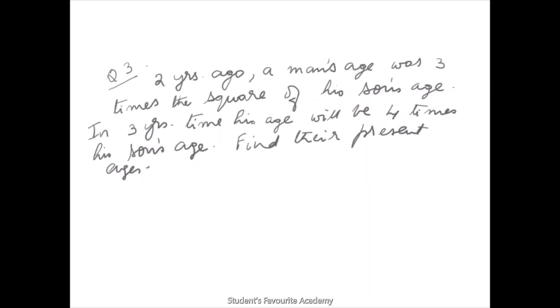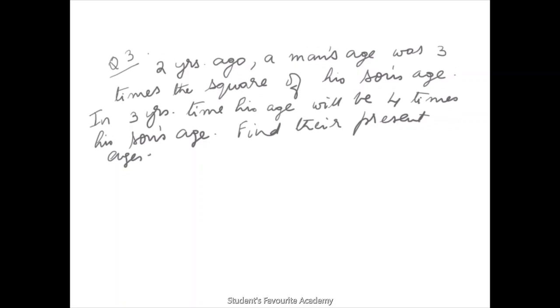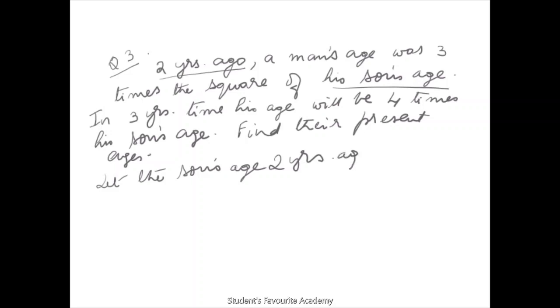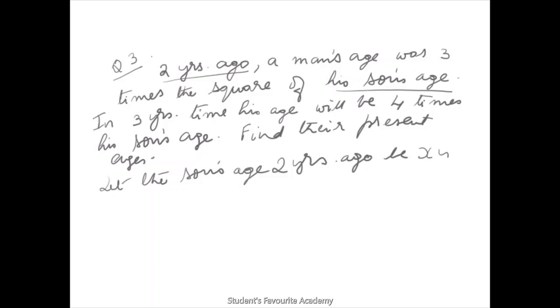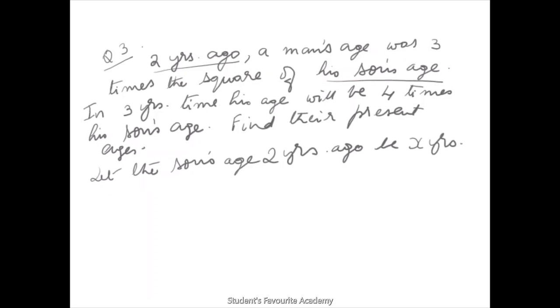Now, here in this question, 2 years ago a man's age was 3 times the square of his son's age. So, we have to assume his son's age 2 years ago be x years. Let the son's age 2 years ago be x years, right?